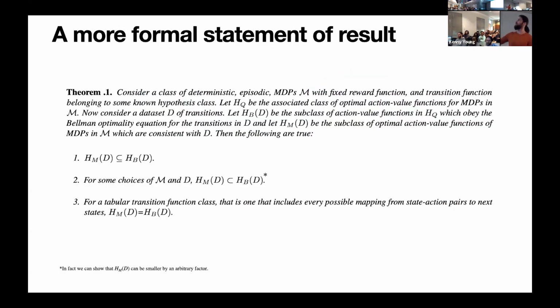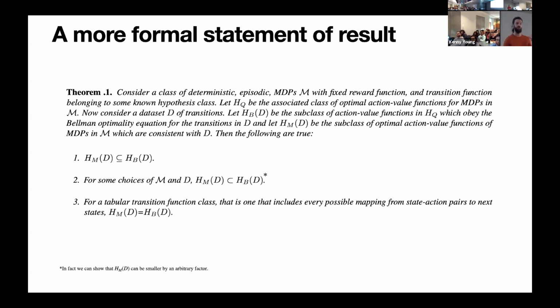Just to state that result a little more formally, the formal result is that we consider a class of deterministic episodic MDPs with fixed reward function and transition belonging to some known hypothesis class. Then we have these three things that are true. HM of D is the model-based set I described.